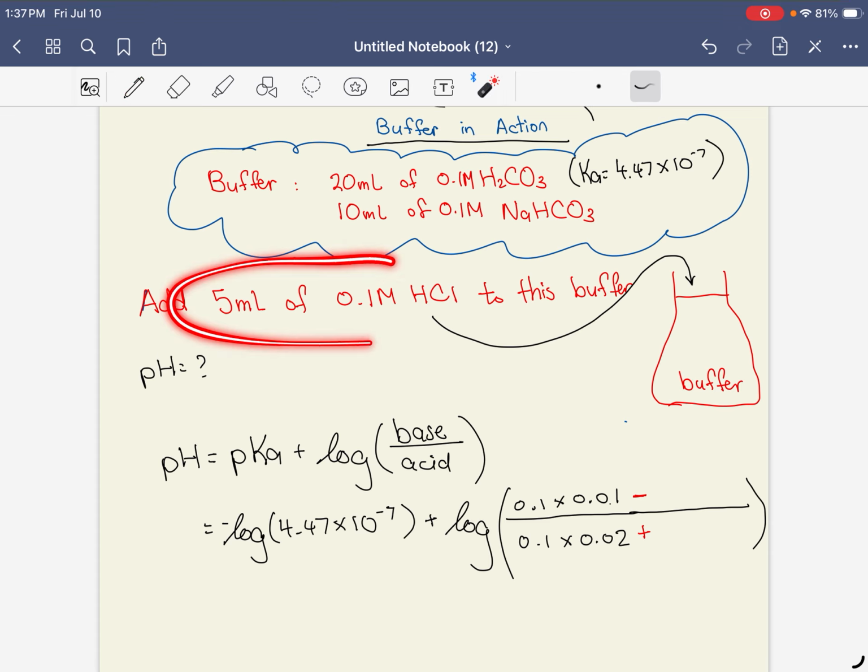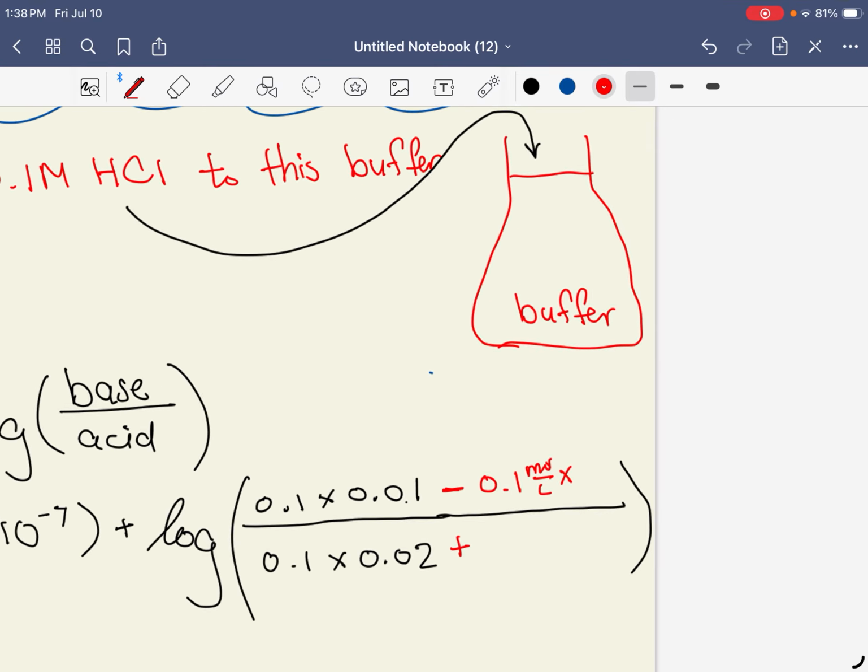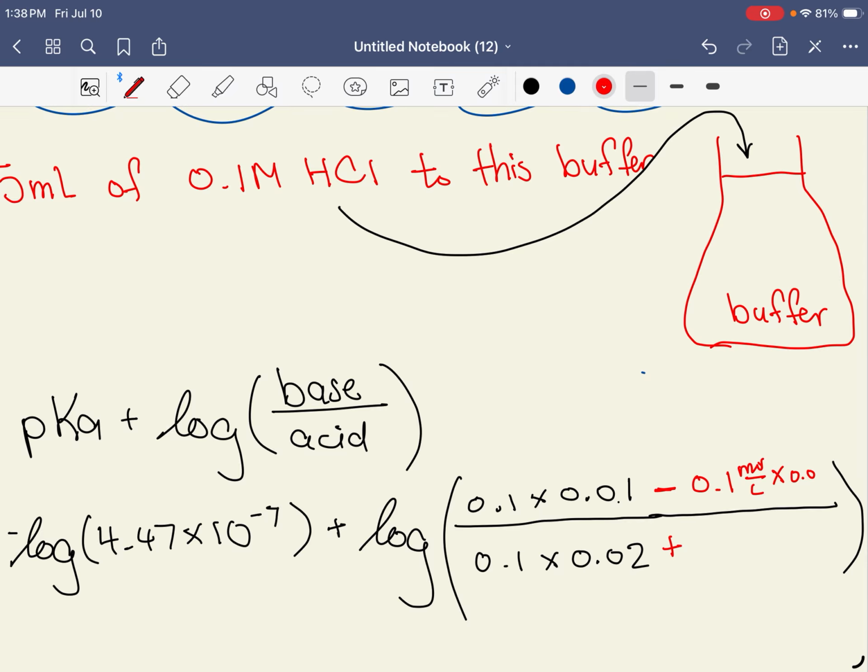Obviously, it is determined by how much acid did you add. So in terms of mole, this is going to be 0.1 moles per liter, and I'm adding 0.005 of it. Okay? And the same right here.